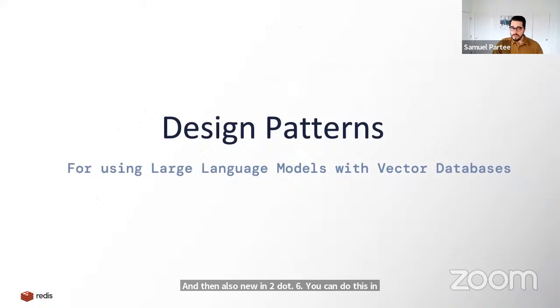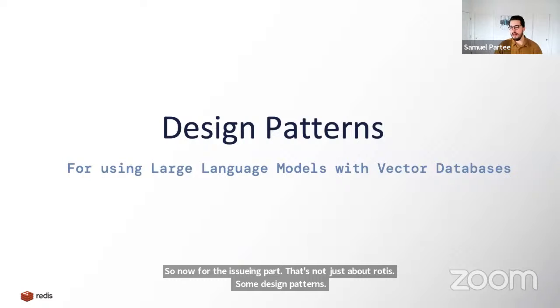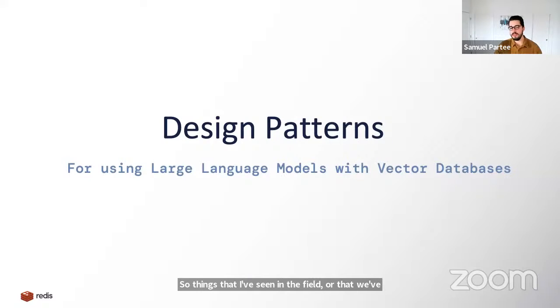All right. So now for the interesting part, that's not just about Redis, some design patterns. So things that I've seen in the field or that we've deployed for, and obviously generalized so that we can talk about it. But things that we've seen people do that we consider interesting for this type of talk.